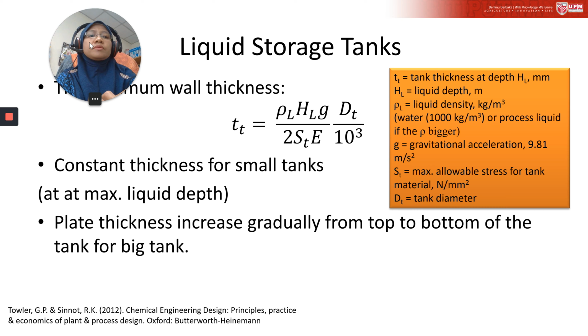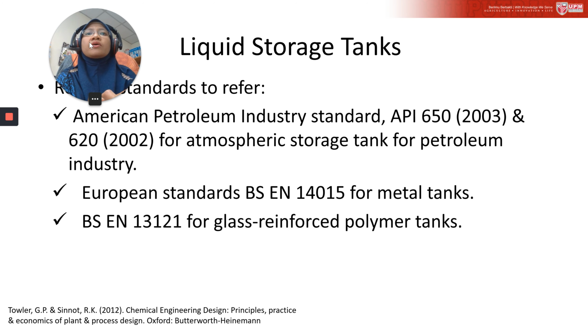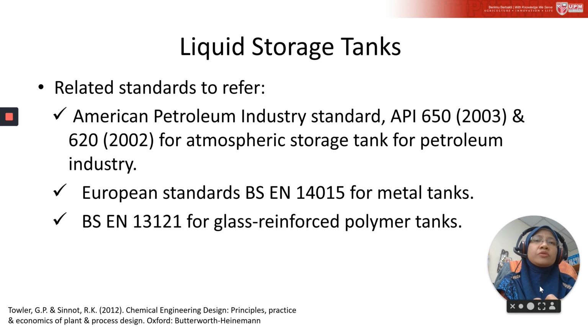For detailed calculation of the design of liquid storage tanks, you may refer to the American Petroleum Institute standards API 650 and 620 for atmospheric storage tanks for petroleum applications.